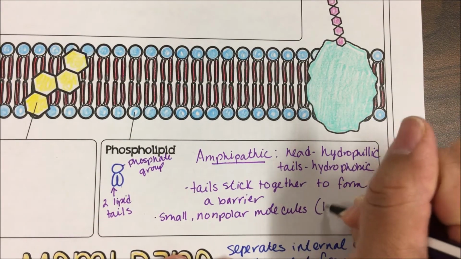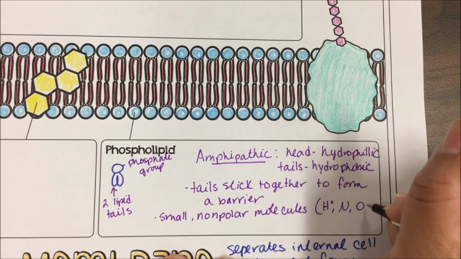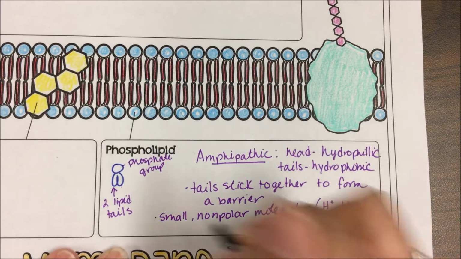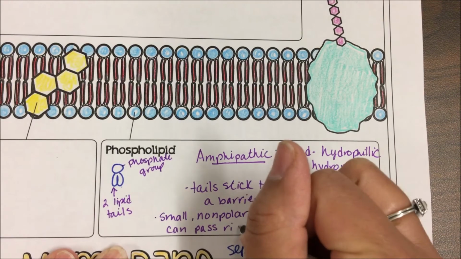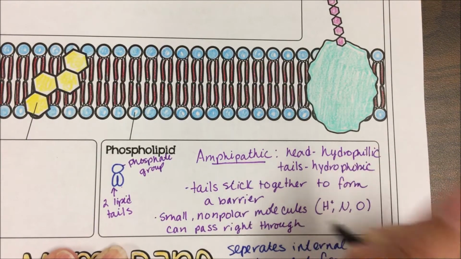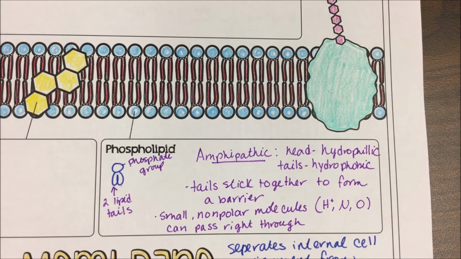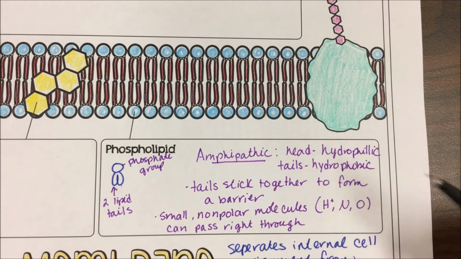Okay, so things like hydrogen, nitrogen, or oxygen can pass right through. A little bit of water will also go through. But we need special proteins that we're going to be talking about on the next page, for some of those larger molecules. And so that all has to do with this amphipathic characteristic that phospholipids have.